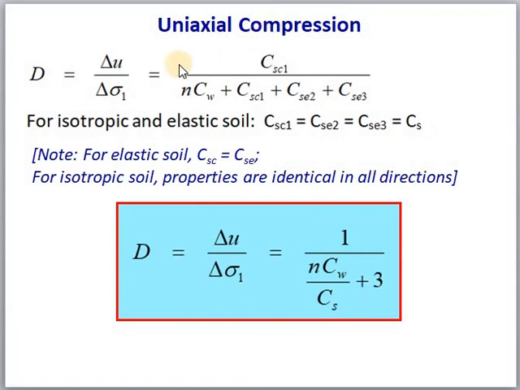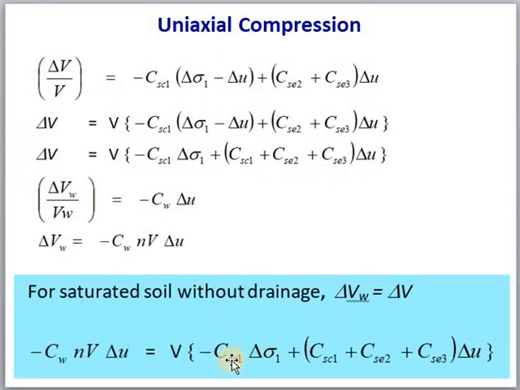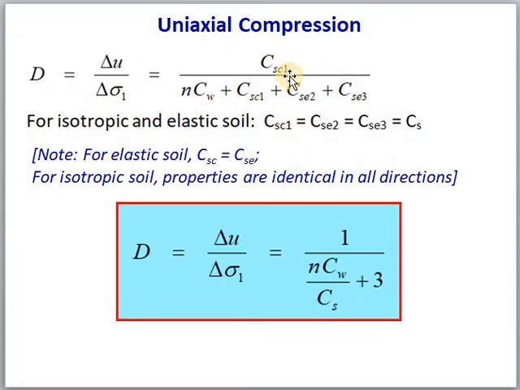So again, delta U by delta sigma 1, just rearranging this equation, you take this delta sigma 1 this side, so it is delta U by delta sigma 1 equated as CSC1 divided by nCW plus CSC1 plus CSE2 plus CSE3. This is for compression and this is for expansion.